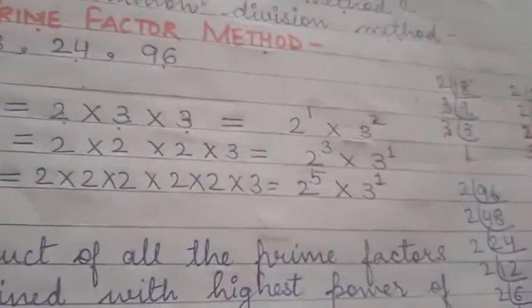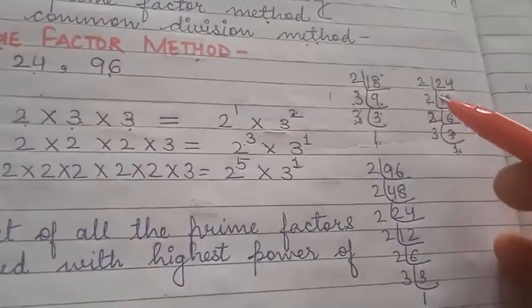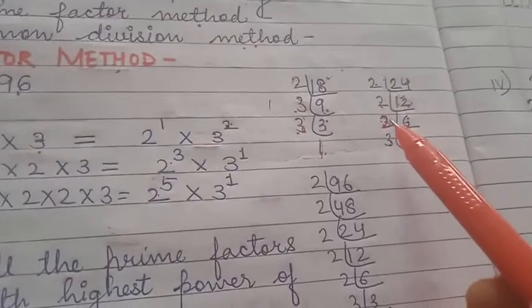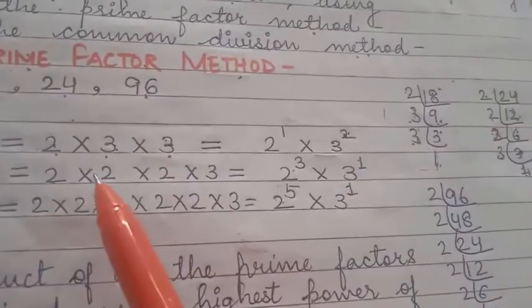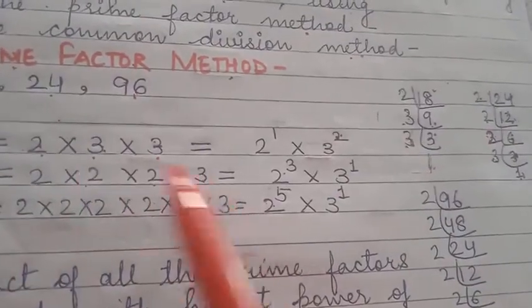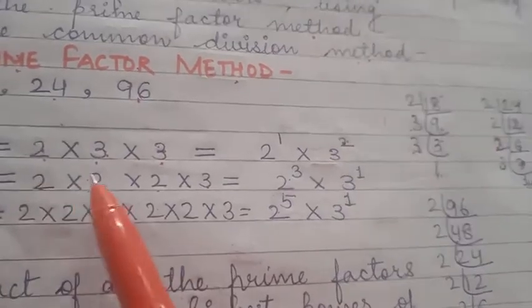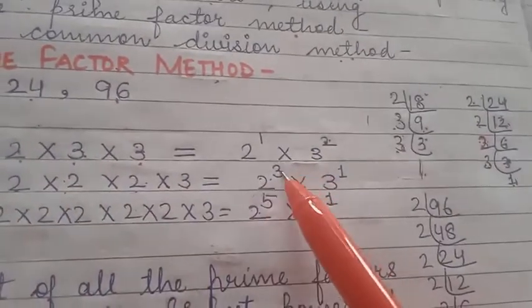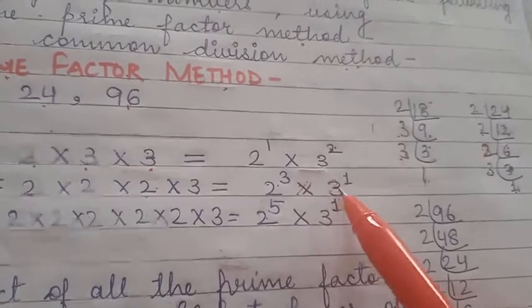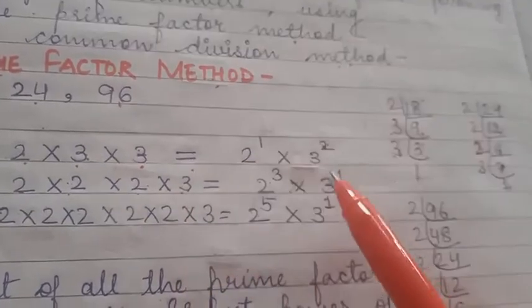So here 2 into 2 into 2 multiplied by 3. 2 how many times? 1, 2, 3. So 2 raised to 3 multiplied by 3 how many times? 3 one time. So 1 here.